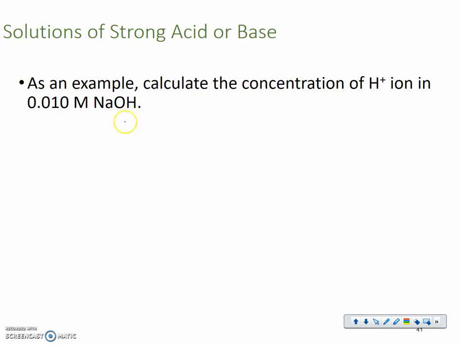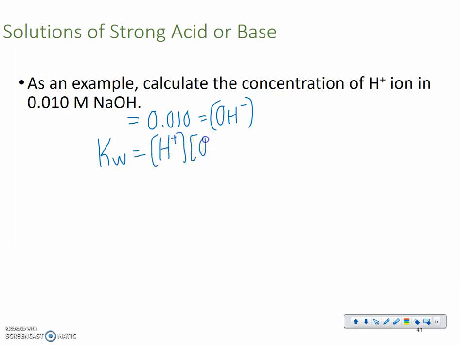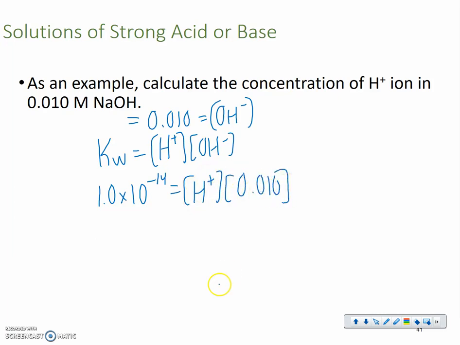This is a strong base, so that means we're going to have 0.010 as our OH concentration. Again, our Kw, we can plug in our value for our hydroxide and solve for our hydrogen.